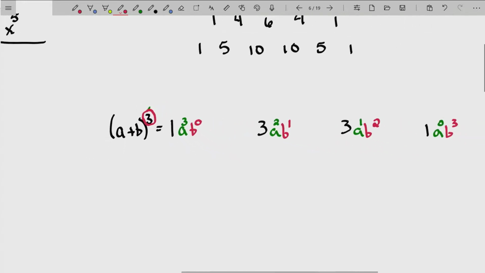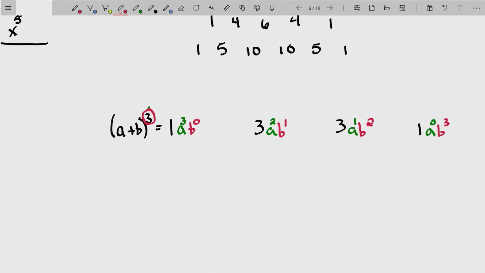So that's how I know, if you've ever seen me do it in a lecture, when I have something like a plus b cubed, I just know immediately, oh, it's just a cubed plus 3a squared b plus 3ab squared plus 1b cubed. That's how I know it so quickly.